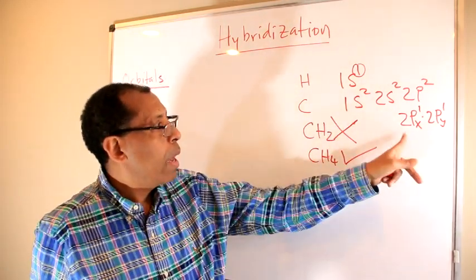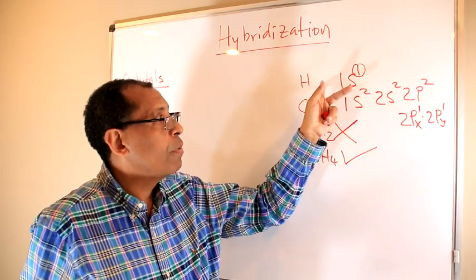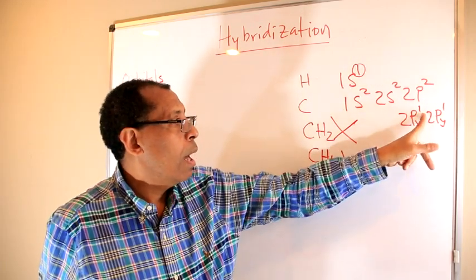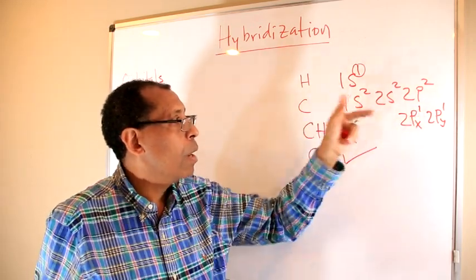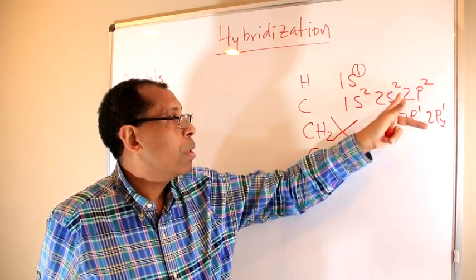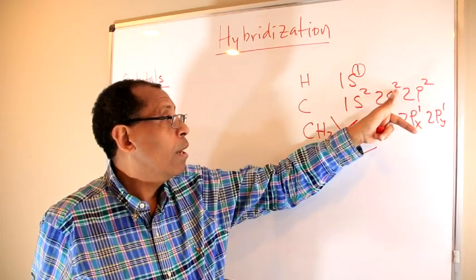So how do we accommodate 4 electrons, or 4 of the hydrogen's orbitals, that can come here? Because the valence electrons on carbon in the 2p are, let's say, paired already, so you cannot bring anything according to what we have.